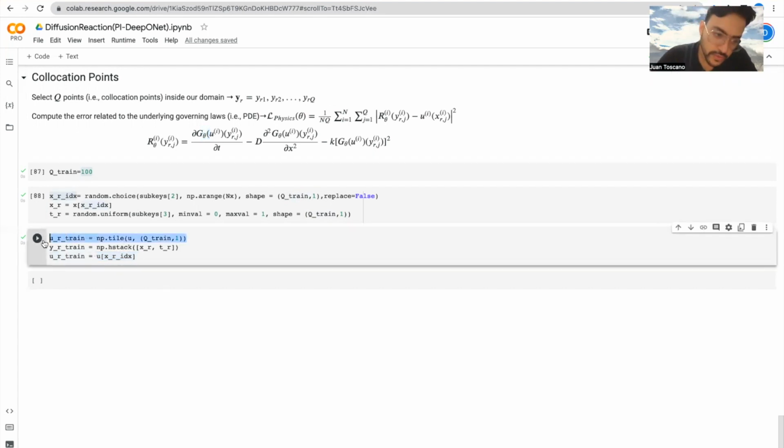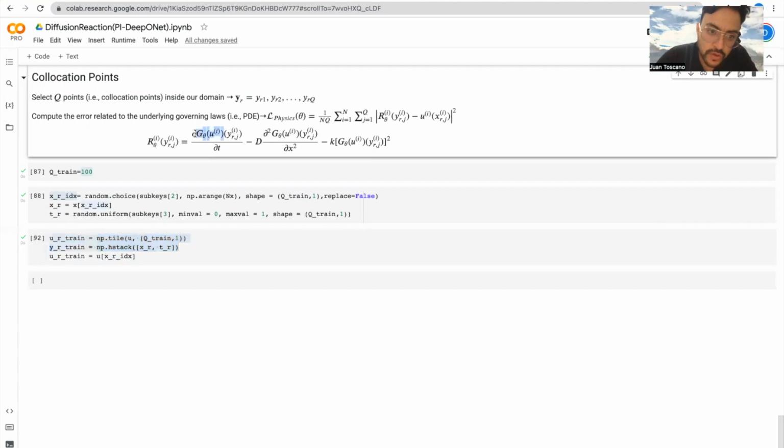So in other words, we use yr train, the first one, and ur train to obtain the output of the operator when it takes u train evaluated at yr train.